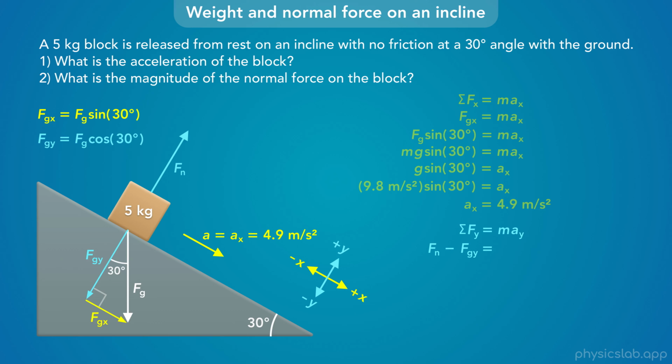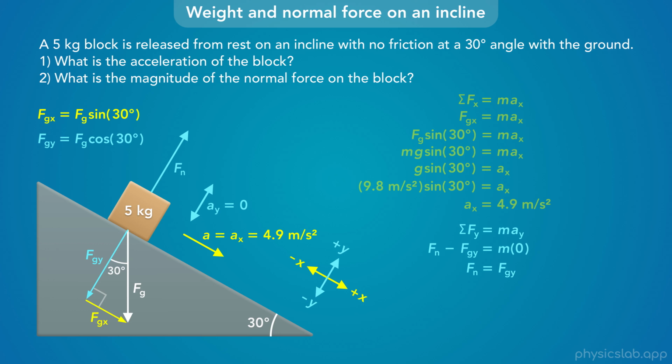The box is only accelerating in the x direction parallel to the incline, but the box is not accelerating in the y direction. It's not moving into the incline in the negative y direction, and it's also not moving away from the incline in the positive y direction. So we can plug in 0 for ay, and we can say that the net force is 0 in the y direction.